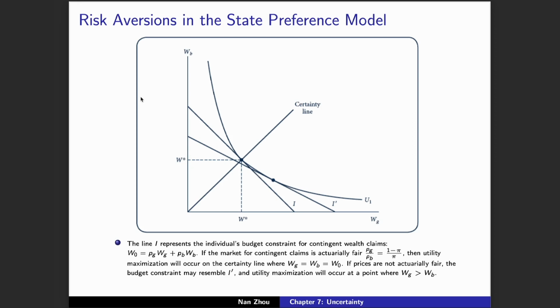The budget line I prime is flatter, indicating that PB is relatively higher, as the markets might expect people to be more willing to pay to make up for shortfalls in the bad states rather than to gain even more wealth when times are already good. In this case, the optimum is going to have WG greater than WB, indicating that this individual doesn't find it worthwhile to eliminate all risk at those prices.